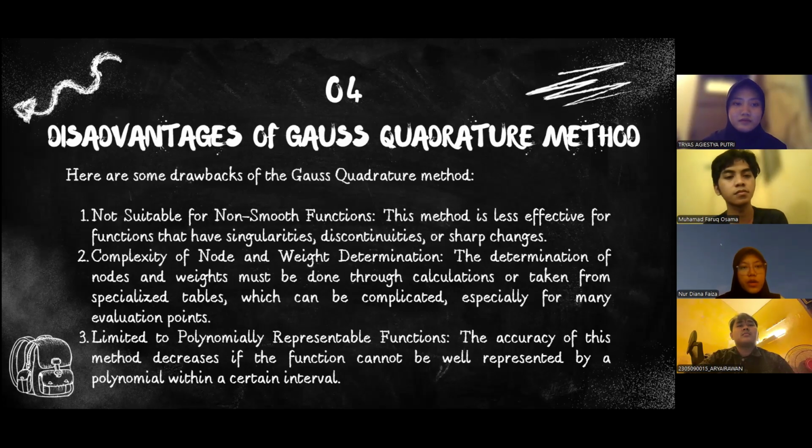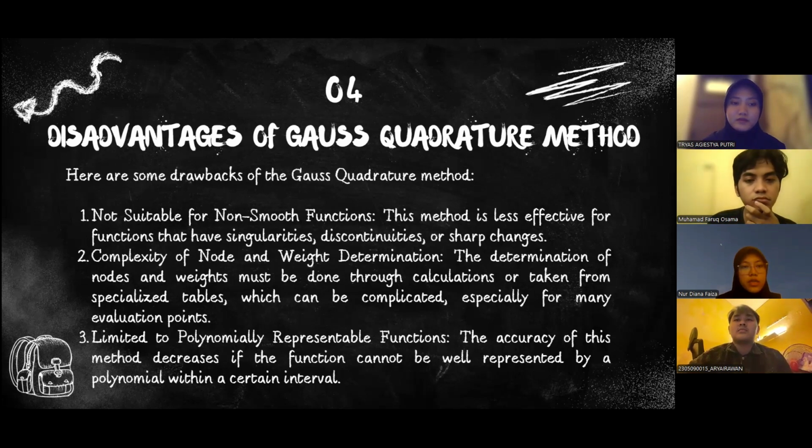Here are some disadvantages of the Gauss quadrature method. First, not suitable for non-smooth functions. This method is less effective for functions that have singularities.